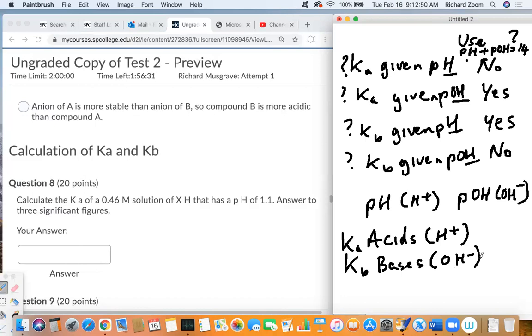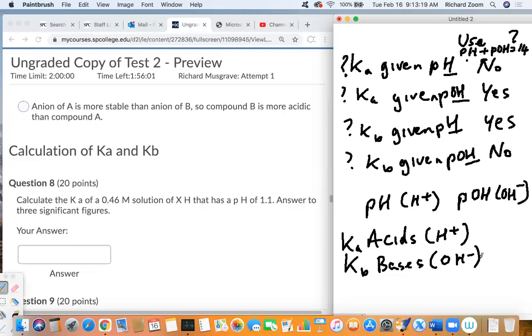I have a question. Yeah. When you say use the pH plus pOH, does that mean where you took 14 minus what was given? That's right. Yeah, that's what I'm talking about. I want to make it universal for these. That's why I started with the initial equation here. But if you got Ka, then you would have to subtract the pOH from 14 to get the pH.